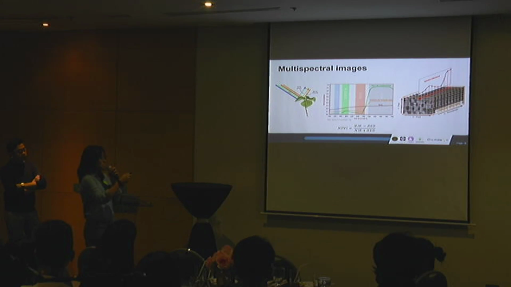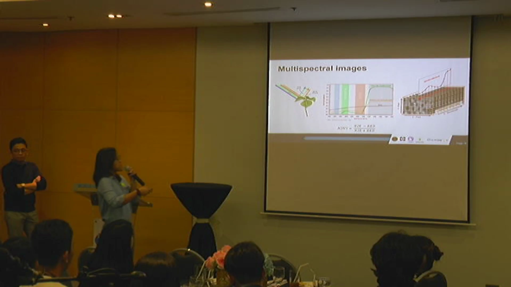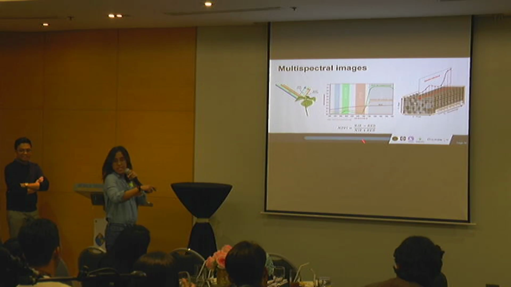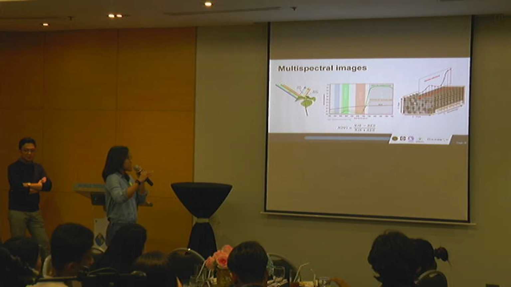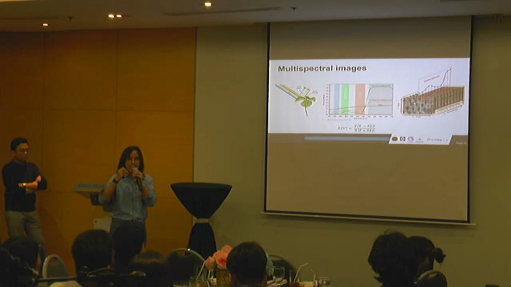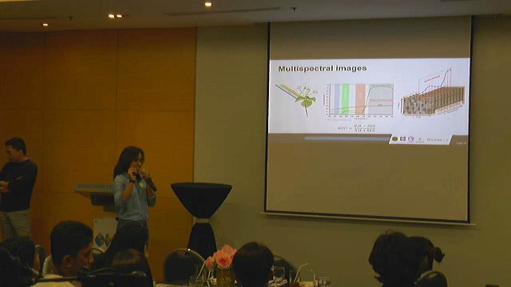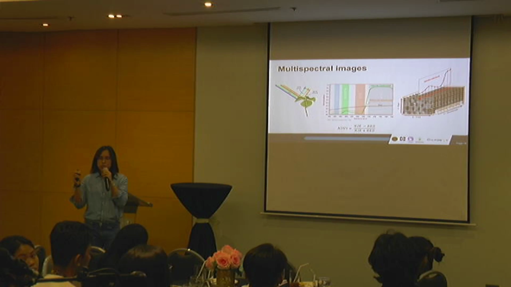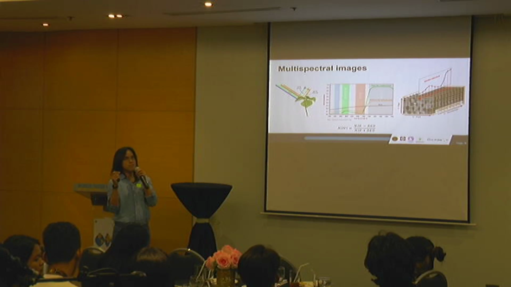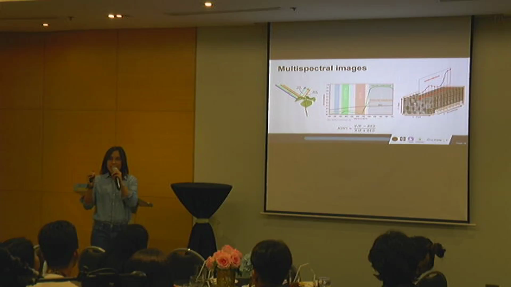Here, the visible part, blue, green, and red, is mainly absorbed. However, there's a bump in green. That's why we see the plant as green. But mainly in near-infrared, all of the light is reflected back. That is a characteristic of healthy vegetation. Now, if you're looking at unhealthy vegetation, that reflected part of the light in the near-infrared region is less.